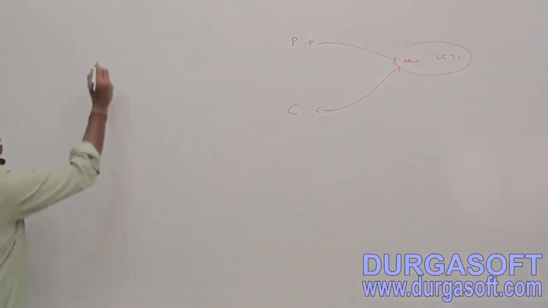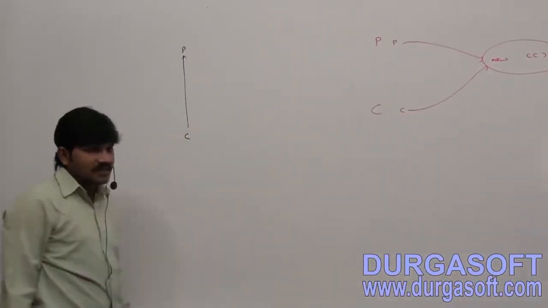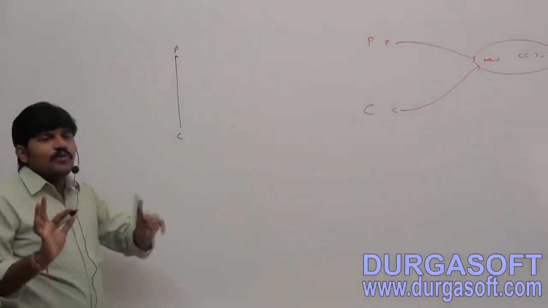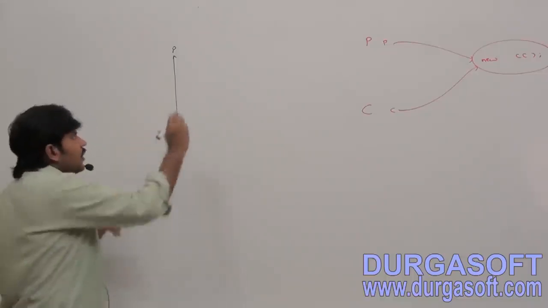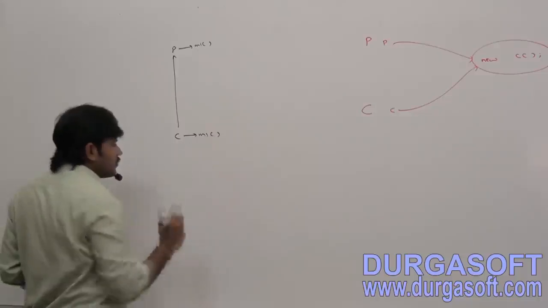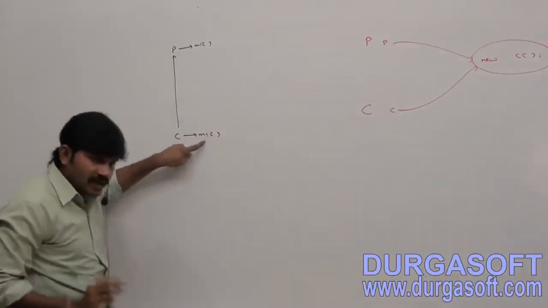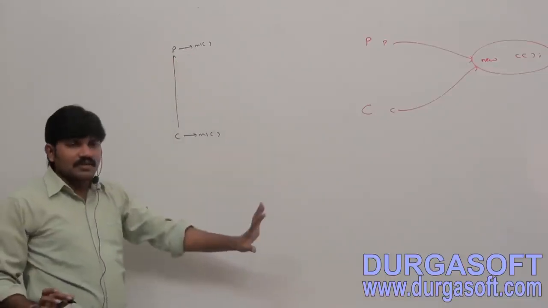Sir, here is a parent class and a child class. In overriding, once I override any method, say the M1 method, in the child class, automatically the old copy by default will be gone.